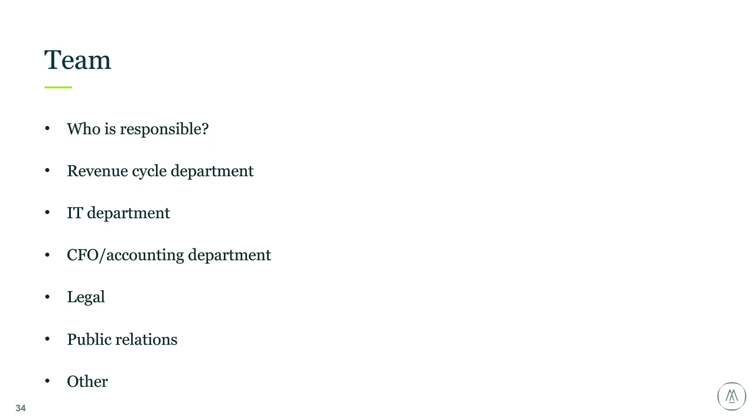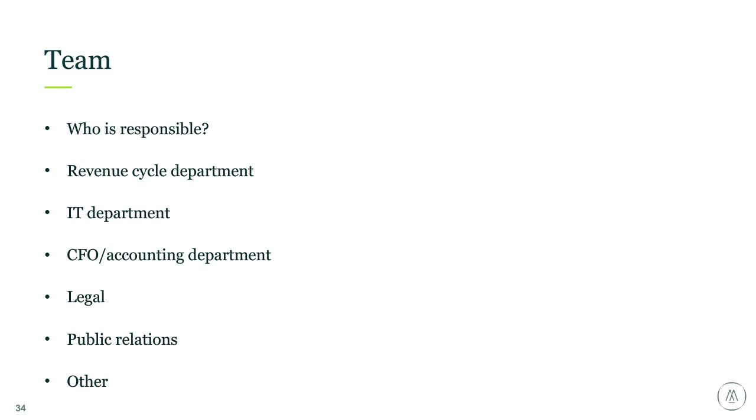So starting at the top, revenue cycle plays a very important role, especially related to the billing and collections and the financial assistance policy. One of the maybe less obvious team members in some organizations may be the IT department. They're often going to play a role in ongoing compliance. For example, are they responsible for loading the public information?